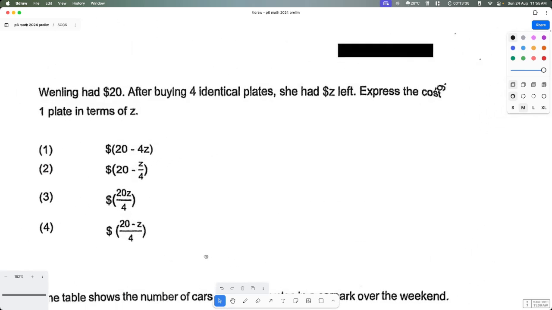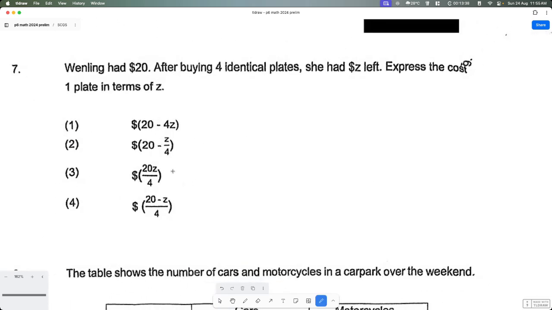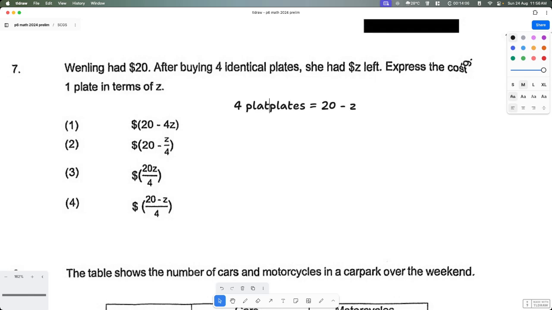Question number 7. Wen Ling had $20. After buying 4 identical plates, she had $7 left. Express the cost of one plate in terms of Z. So the cost of the 4 plates is 20 minus Z dollars.